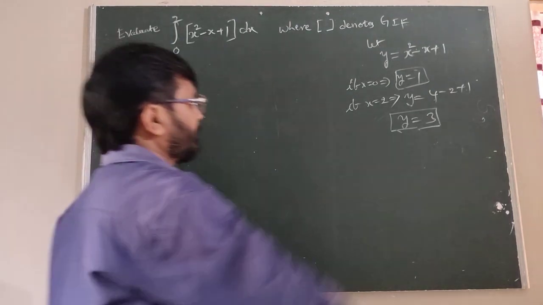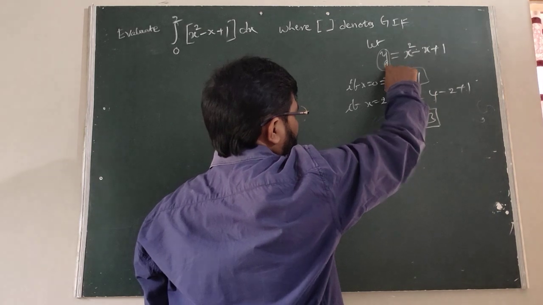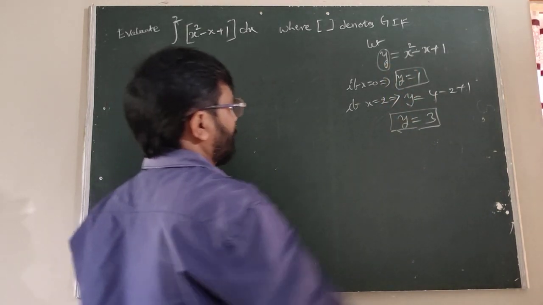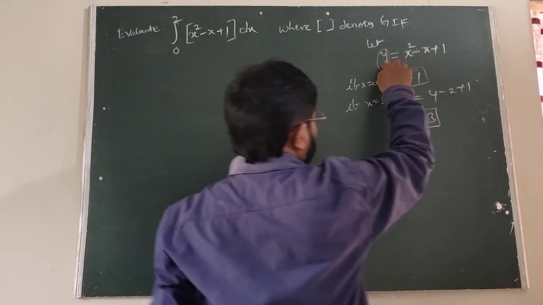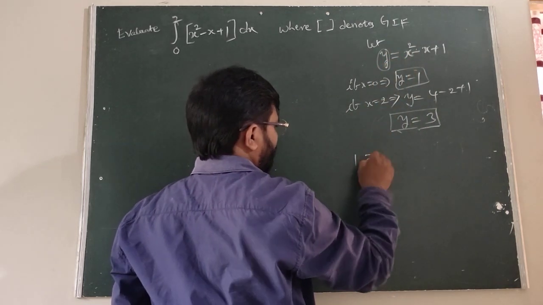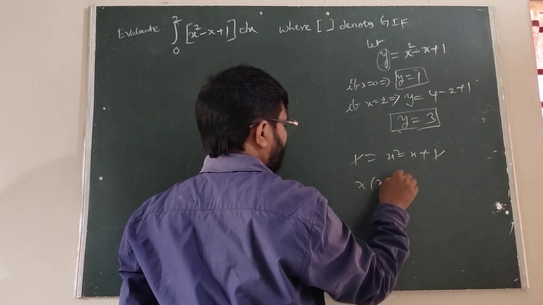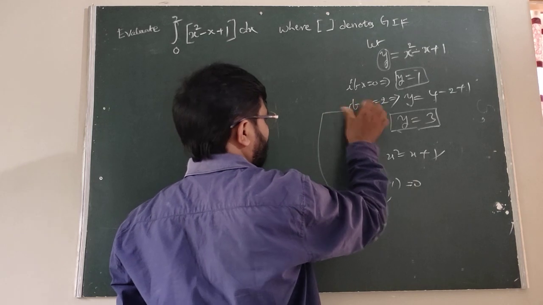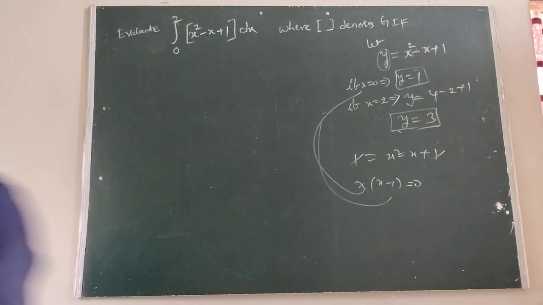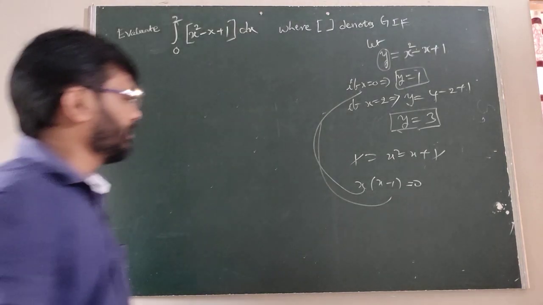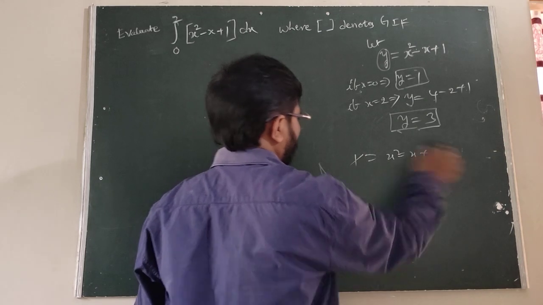When y equal to 3, undoubtedly we got x equal to 2. Suppose y equal to 1, in x square minus x plus 1, x is common, and undoubtedly we got x equal to 0 when y equals 1. Is it clear? Now what is the another observation?